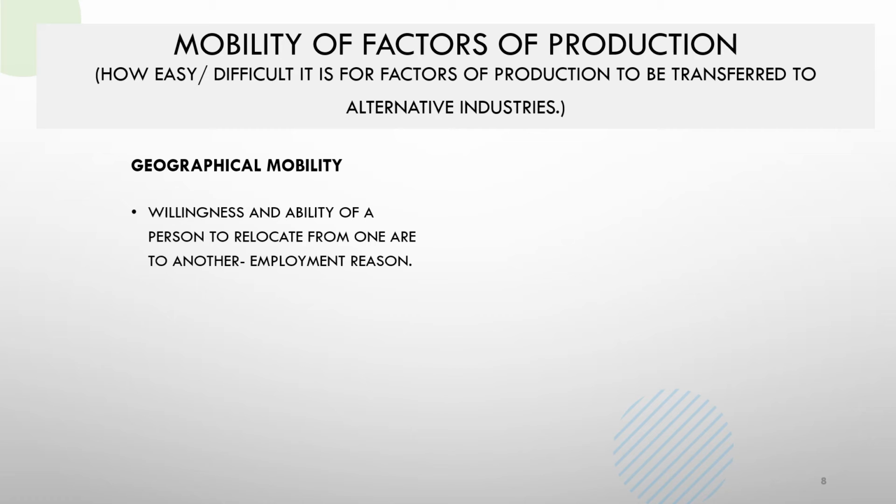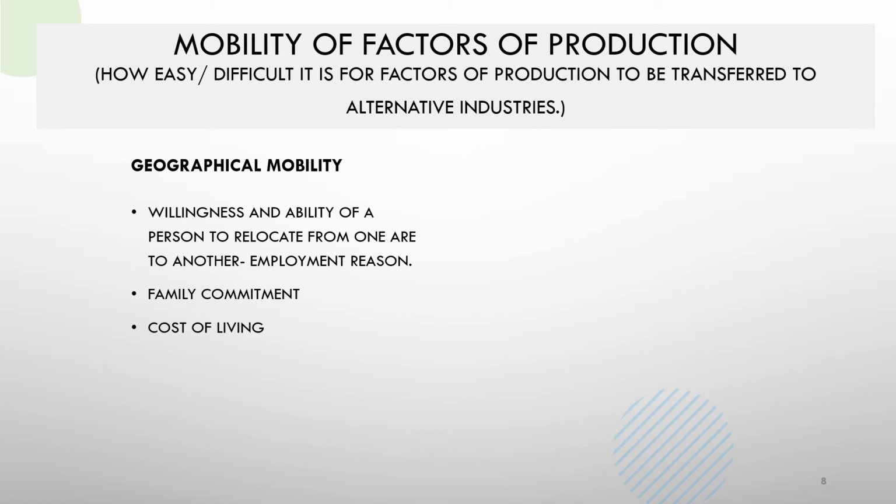Geographical mobility is the willingness and ability of a person to relocate from one area to another for employment purposes. Some people may not be geographically mobile for the following reasons: they have family commitments and there is a cost of living.